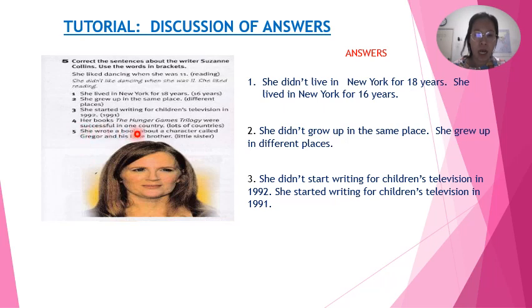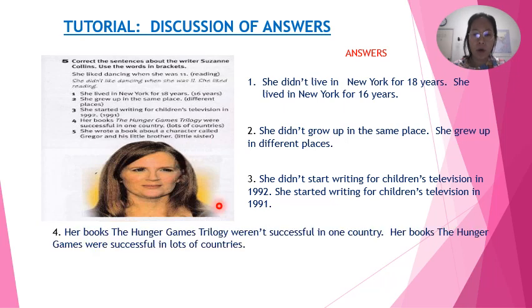Her books, the Hunger Games trilogy, was successful in one country. Okay, so we need to change it to lots of countries. Her books, The Hunger Games, were successful in lots of countries.